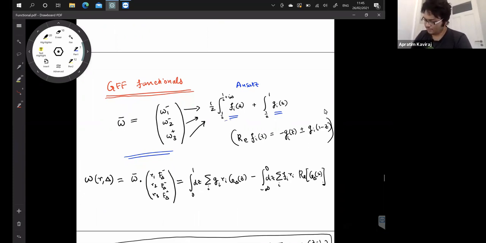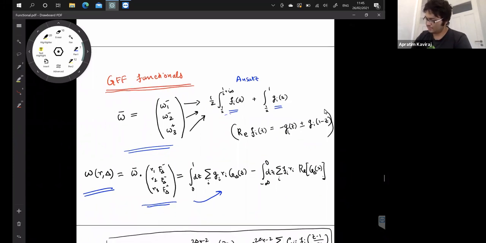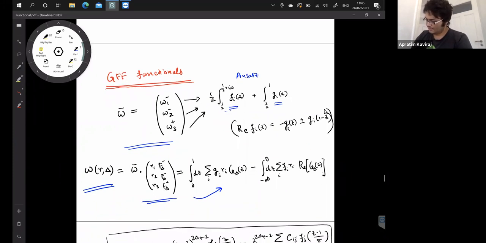First of all, the action of this whole vector is defined as follows. It's basically an integral over dz, and a sum over gi and ri, where ri is a component of these vectors.